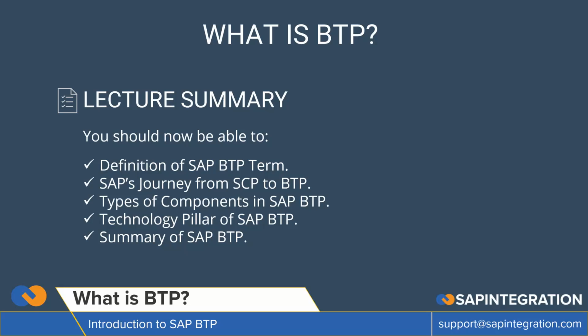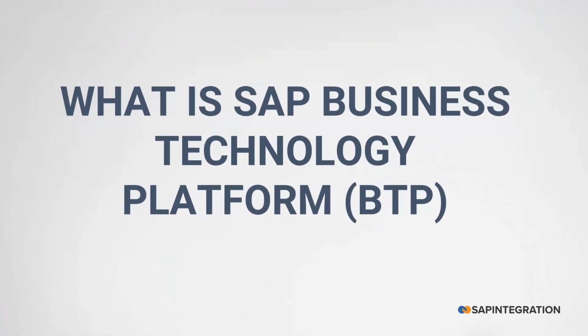Alright, let's wrap up this session. In conclusion, we have explored the SAP BTP topic on a very high level. Don't think this is the deep down session, but this is very high level just to help you familiarize with the definitions. I'm hoping you have a good understanding of what SAP BTP is by now, and this knowledge will help us to move forward in understanding other parts of SAP BTP.